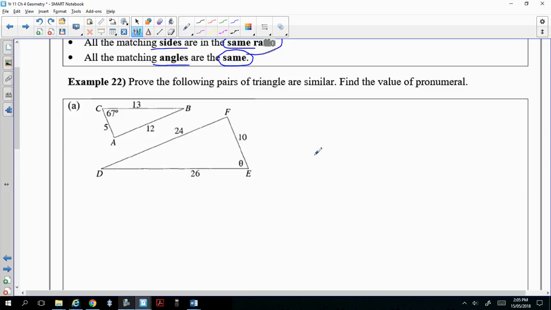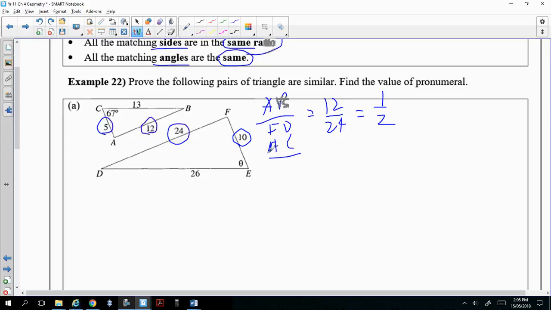You start with AB, which is the second longest, so you match it with the second longest. AB matches with FD, which is 12 over 24, so that's half. Then you pick the shortest one and match with the other shortest one, AC over FE, 5 over 10, which is half.